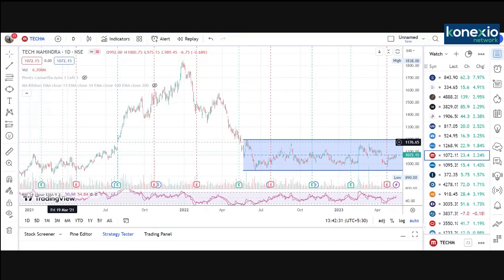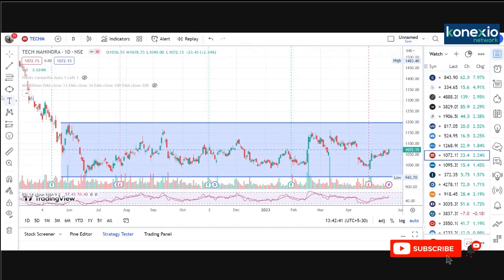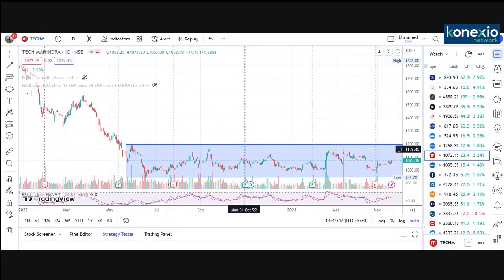The stock has potential to reach its lifetime high, which is 1838, in the next 3, 4 years. But looking at this data, I would initially just want to take a call for the upward resistance trend line of the consolidation. So the first target would be 1200.